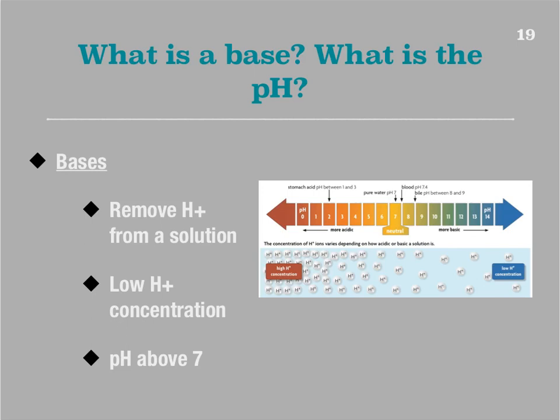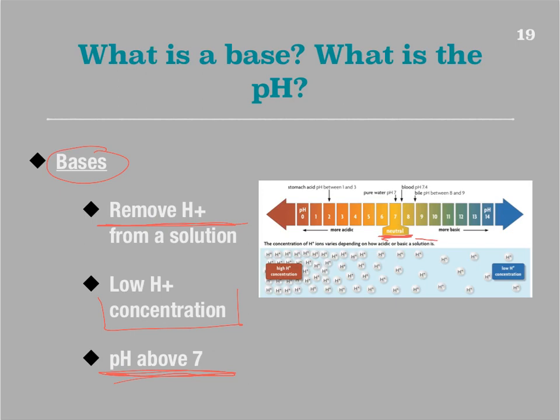So what is the base and what is the pH scale for bases? Bases remove hydrogen ions from a solution, so they have a much lower hydrogen ion concentration, and as a result their pH is going to be above 7. So again, 7 being neutral, right? Hydrogen ion concentration and hydroxide ion concentration is equal here.